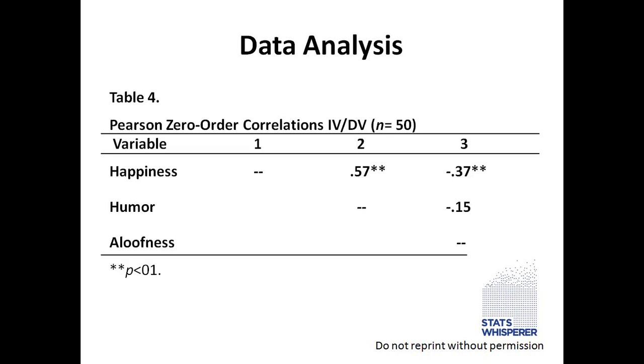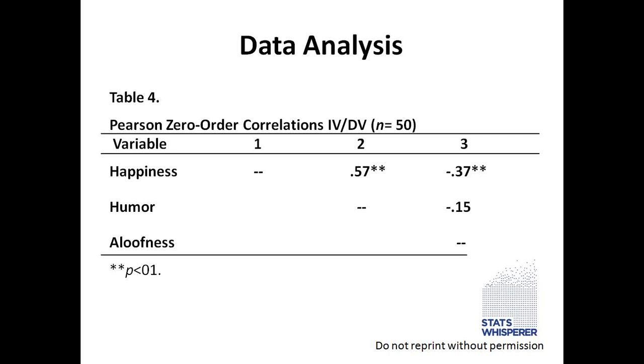And then same with the tables, right? It's a little less busy than the other tables, where you just show the correlation. So Table 4, Pearson's zero-order correlations between the independent and dependent variable, with an N of 50. And the 1, 2, 3 corresponds to the variables up and down.